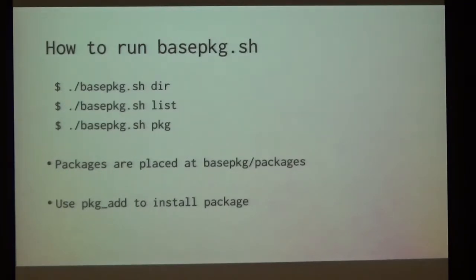Run basepkg.sh with the following options. When the process is completed, you can find the packages in the basepkg packages directory. You can use the pkg_add command to install these packages.